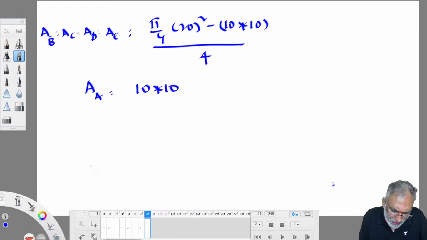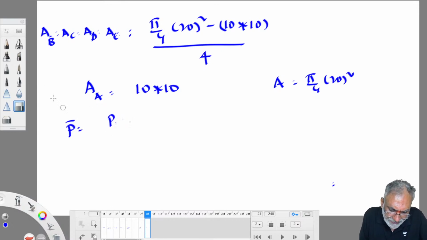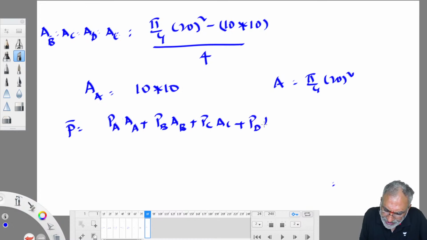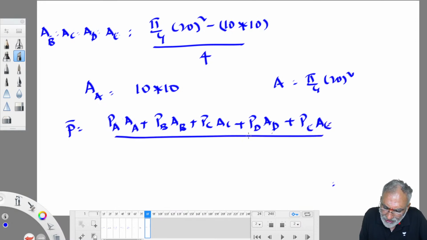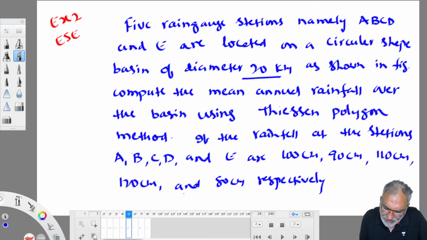Now let us work out the mean precipitation. So the total area is equal to pi by 4 into 20 square, the circle area. So P bar is equal to PA into AA plus PB into AB plus PC into AC plus PD into AD plus PE into AE, by the total area. PA is given in the question as 100 centimeter. The A station is 100 centimeter.